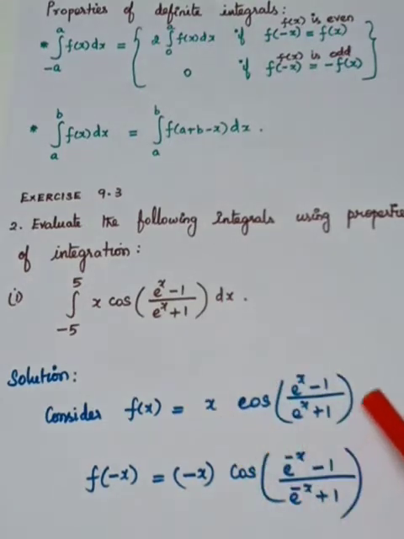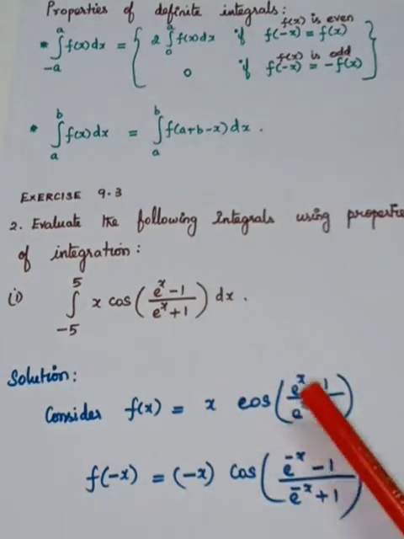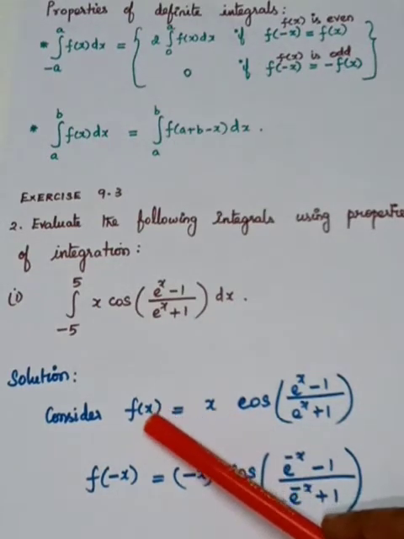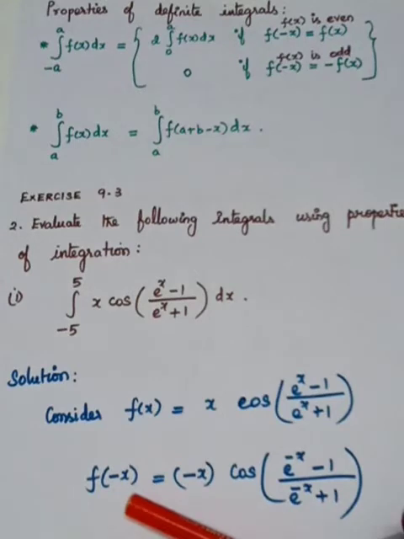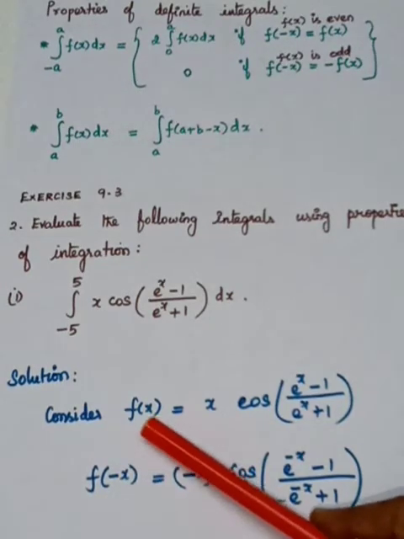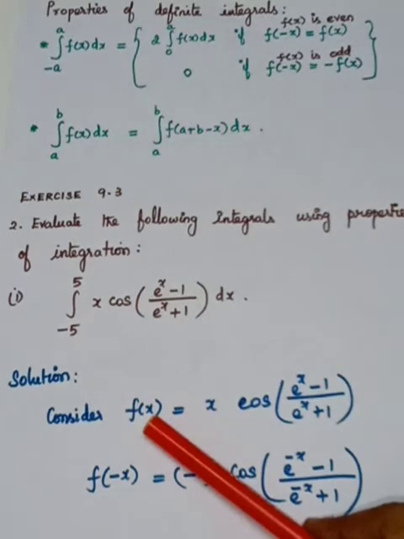We have to check whether this function is even or odd. To check that, you have to replace x by minus x. So you are going to find f of minus x. That means wherever you have x in f of x, you replace it with minus x.